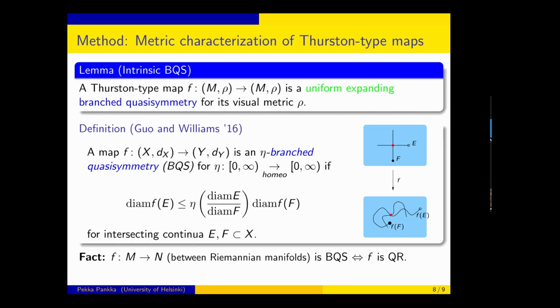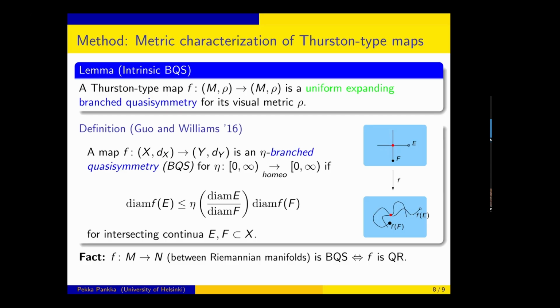So what is a branched quasisymmetry? In this seminar I don't have to define quasisymmetry. The problem with quasisymmetry is that the definition immediately forces you to be an injective map. So if you want to study branched dynamics, you cannot have injective maps.